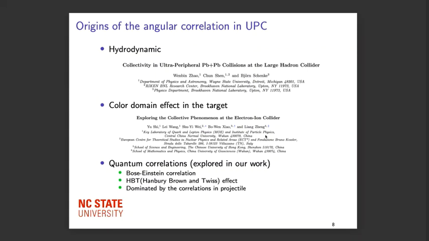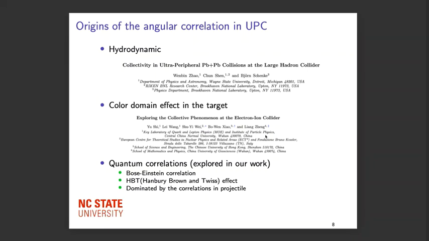The second one is the so-called color domain effect in the target. A simple picture is to think of the nucleus as a piece of magnet. Inside the magnet, you have those domains, right? So in their study, when two gluons hit the same domain, they will be correlated. But in our calculation, the correlation due to the target effect was actually subleading.